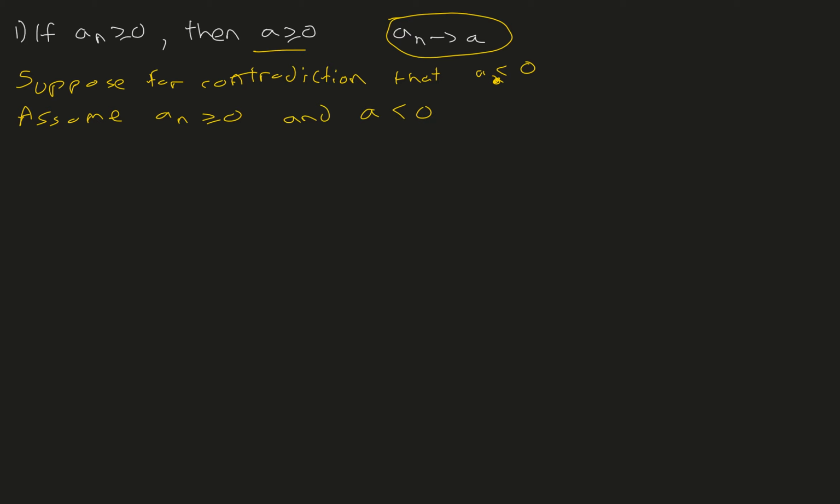So we're going to choose epsilon. Let epsilon be equal to minus A. Remember, epsilon always has to be positive, and remember A is negative in this case, and since we're taking the negative of a negative number, that's a positive number, so epsilon is positive.